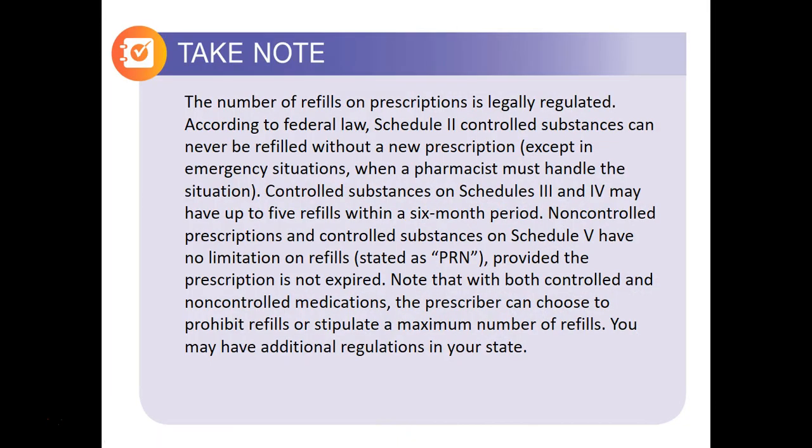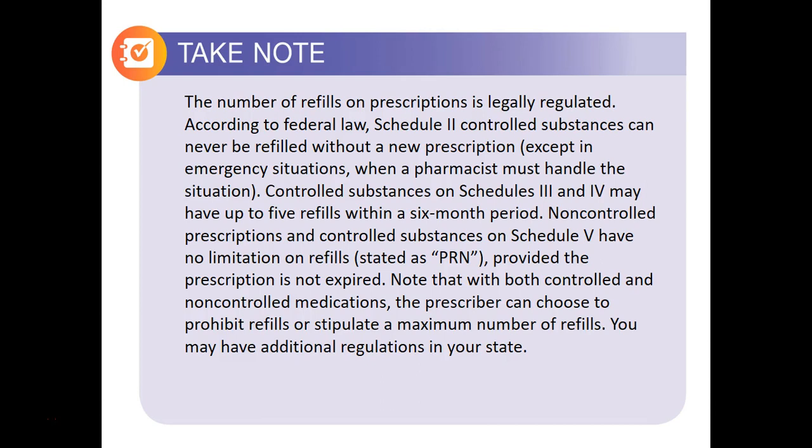Take note, the number of refills on prescriptions are legally regulated. According to federal law, a Schedule II controlled substance can never be refilled. It has to have a new prescription, except in an emergency situation, and a pharmacist is the only person authorized to handle that.